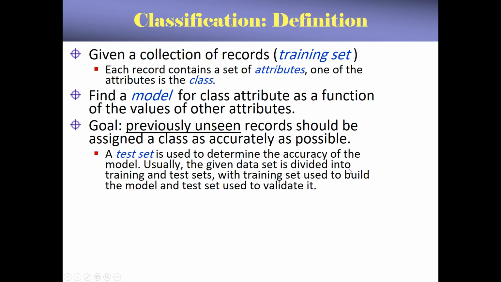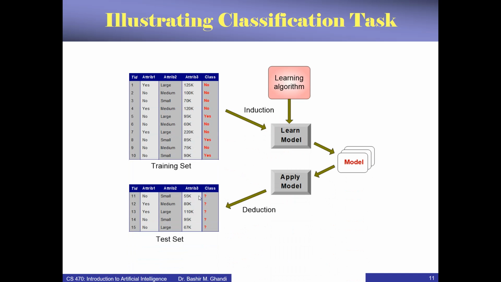Usually the given data set is divided into training and test sets, with the training set used to build the model and the test set used to validate it. I'll show you an example in the next slide. So here we have a collection of about 15 data records, and they are grouped into two sets: the training set and the test set.